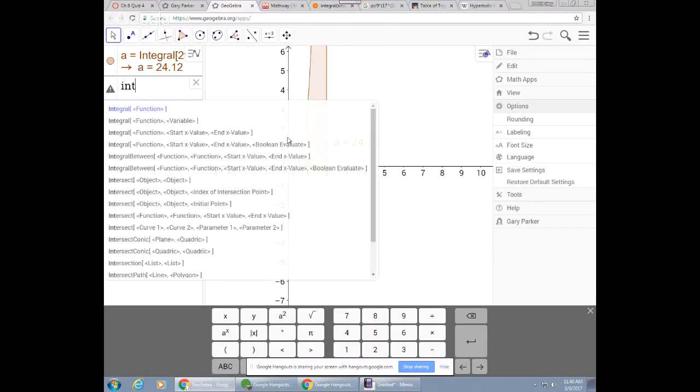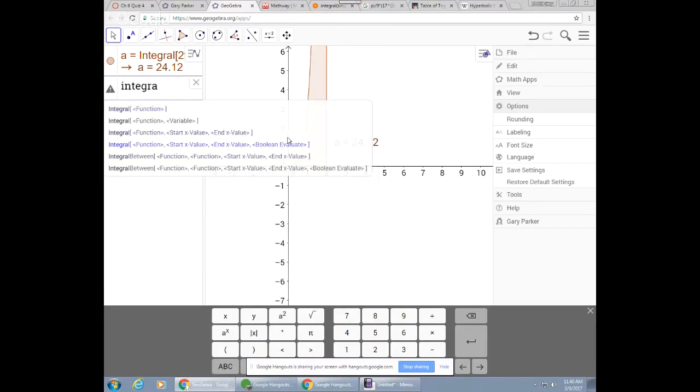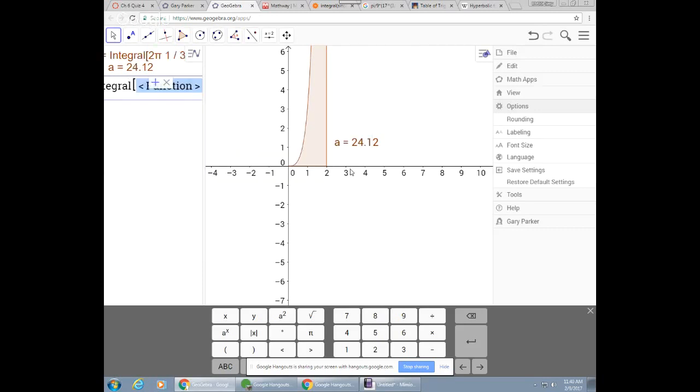I have to go to integral, oops, third option, and then type my function carefully. So my function was 2 pi, what was next? I'm going to put some multiplications in. Those are making me nervous sitting next to each other.